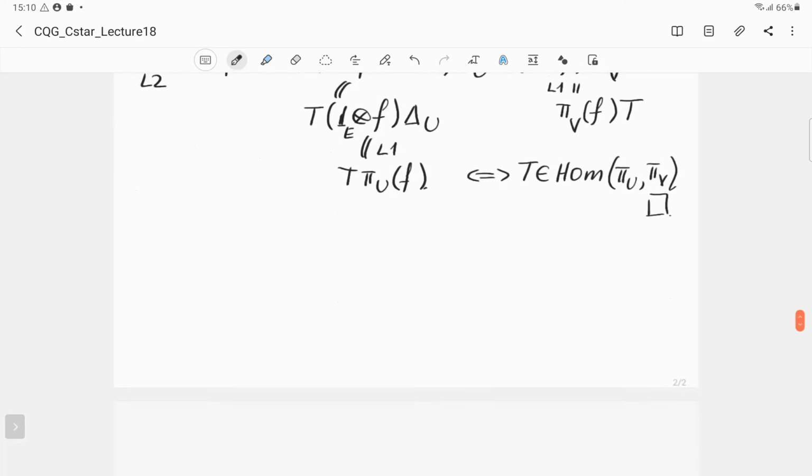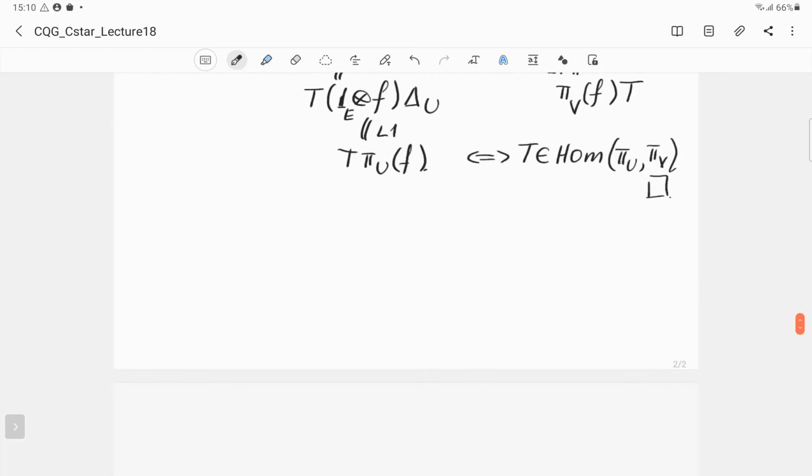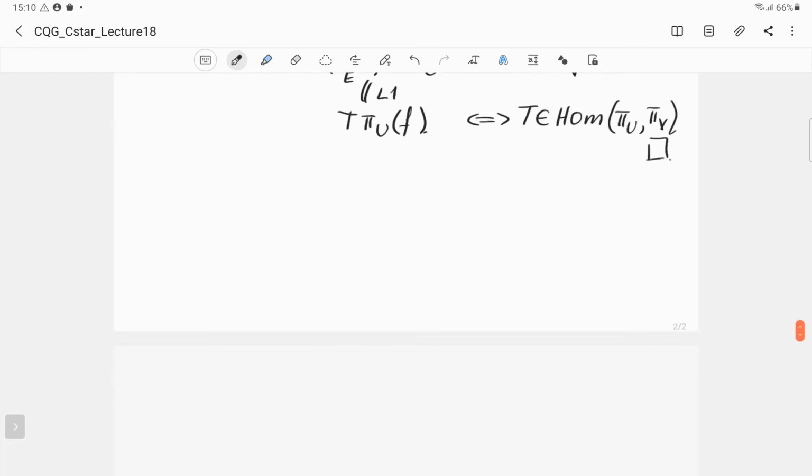Okay, let's now discuss invariant subspaces for co-representations. We have the following proposition.